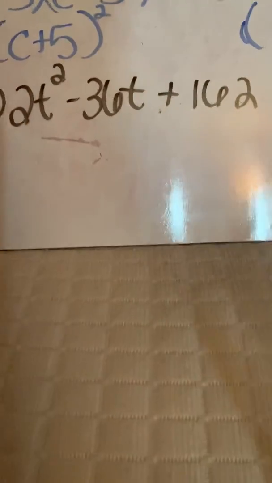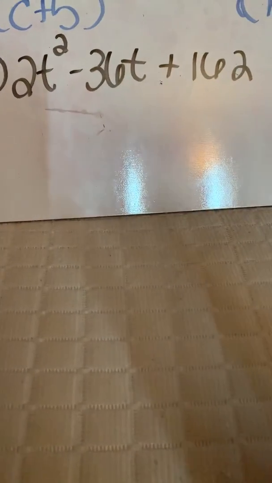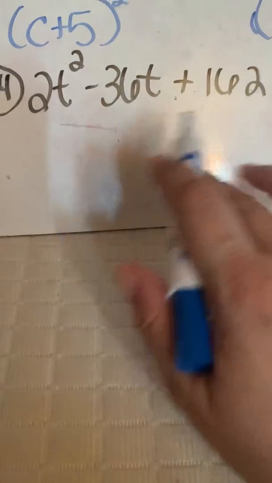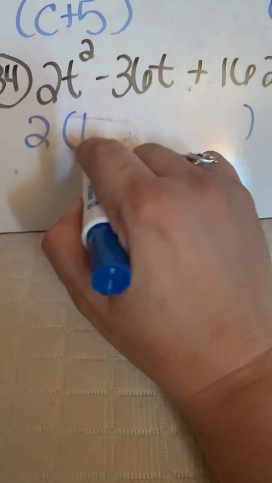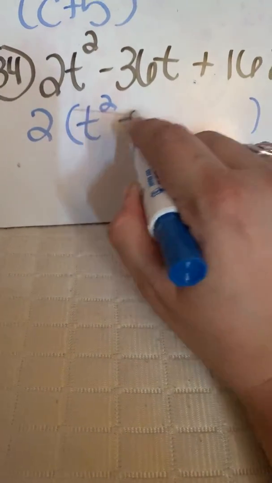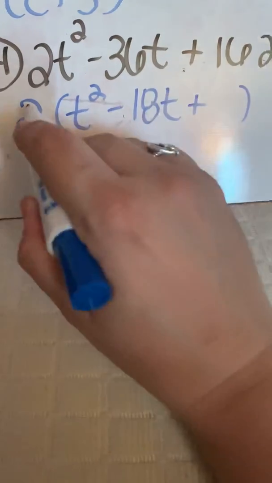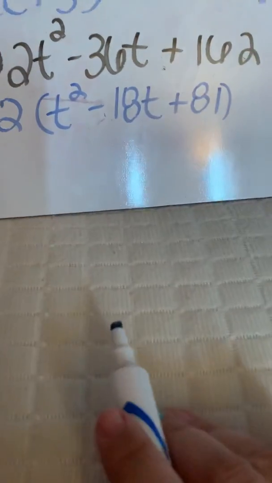This one here, just like I did with my difference of squares on the other side, factor something out first. See, they have a 2 in common. Let's factor a 2 out. So then I'm left with t squared minus 18t plus, 2 goes into 162, 81 times.